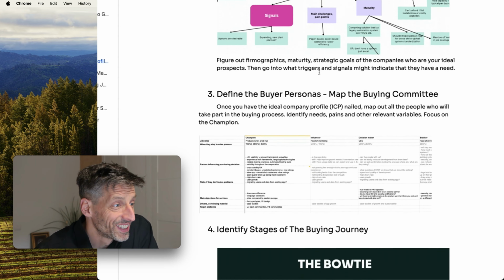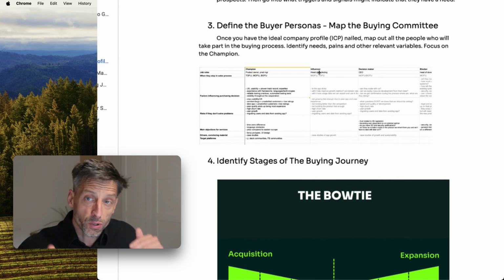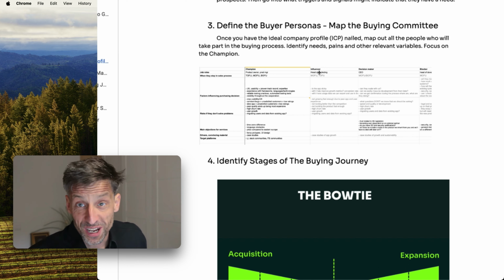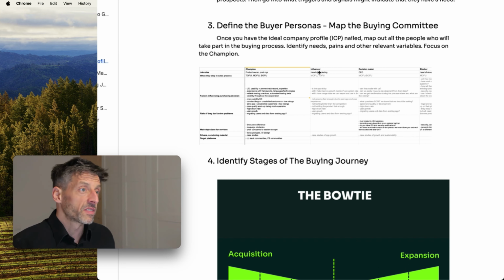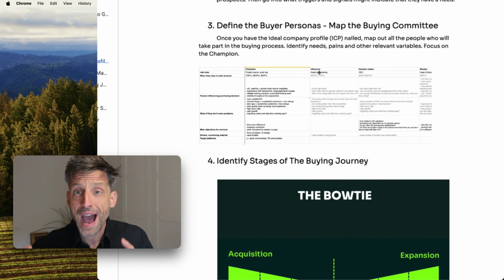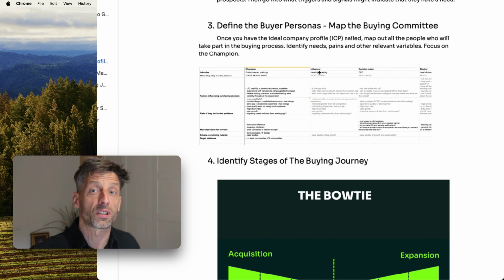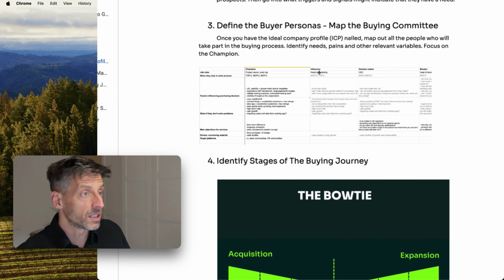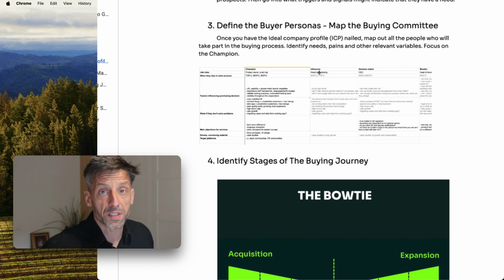Then comes defining the buyer persona, so the people who are gonna take part in the decision-making process. So what we're talking about here is all the people who form a so-called buying committee, okay? Because if this wasn't obvious to you, then newsflash, in B2B, you don't have just single people buying in and of themselves and by themselves.